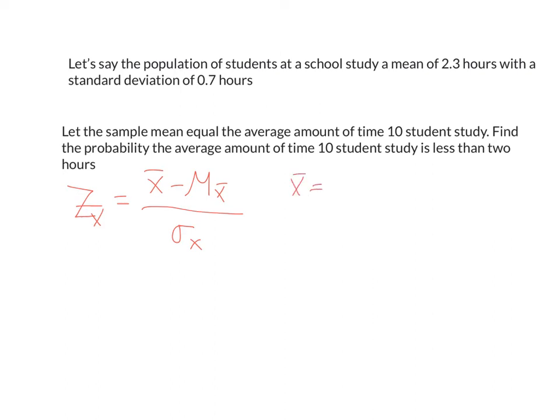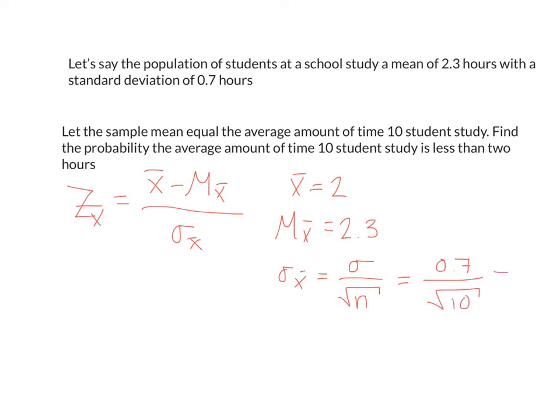In the problem, they tell us that we want to find the mean being less than 2 hours, so our x bar will be 2. We need the mean of our sample means, which is equal to the mean of our population, 2.3. Then we need the standard deviation of our sample means, which is the population standard deviation divided by the square root of our sample size. So that would be 0.7 divided by the square root of 10.